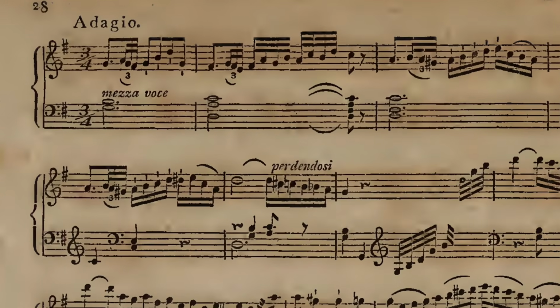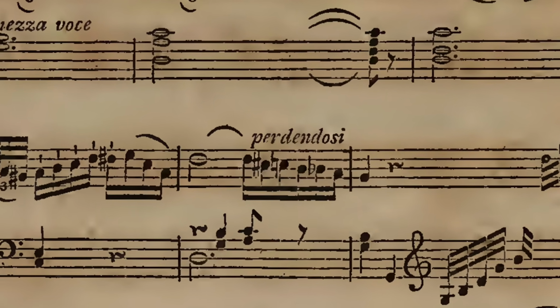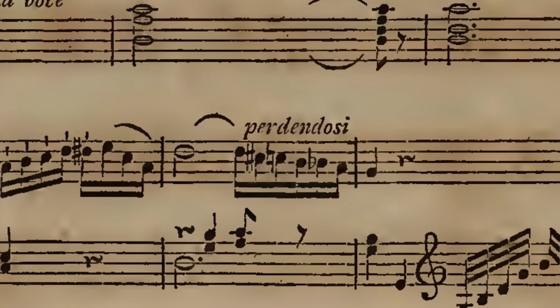Then, during the 1780s, we begin to encounter terms such as morendo and perdendosi, descriptive indications intended to represent a gradual relaxation of tempo, in other words, a rallentando or a ritardando. It is also during this decade that hairpins first begin to appear. By the 1830s, hairpins had become a firmly established feature of musical notation.